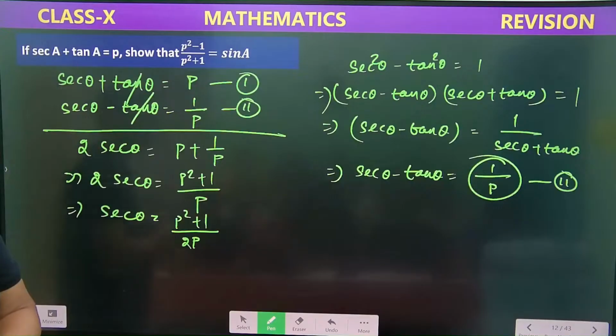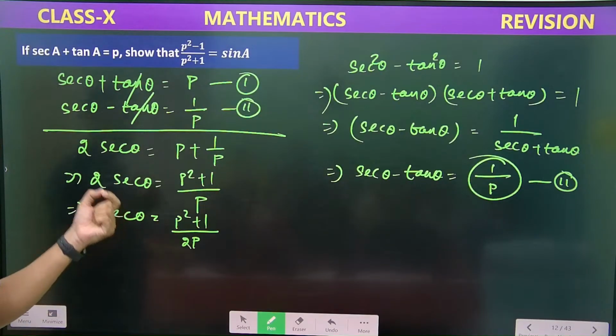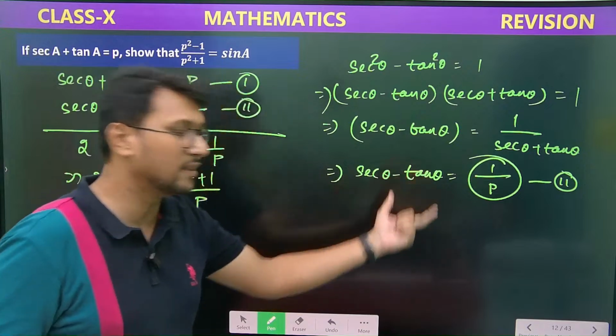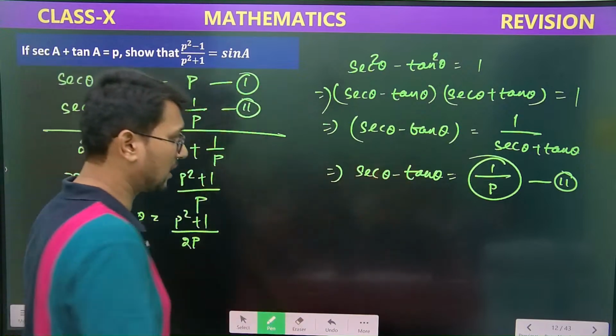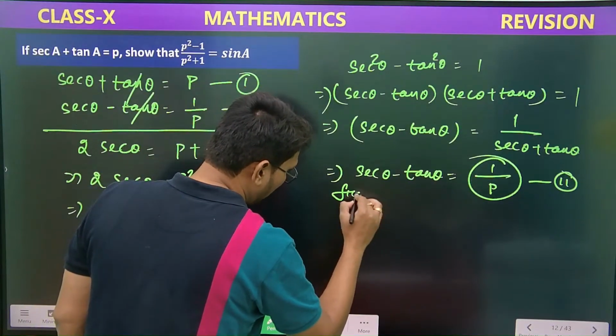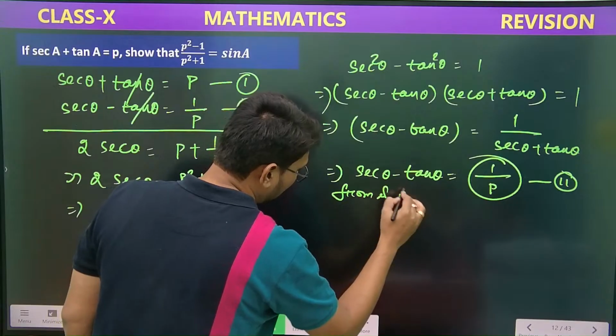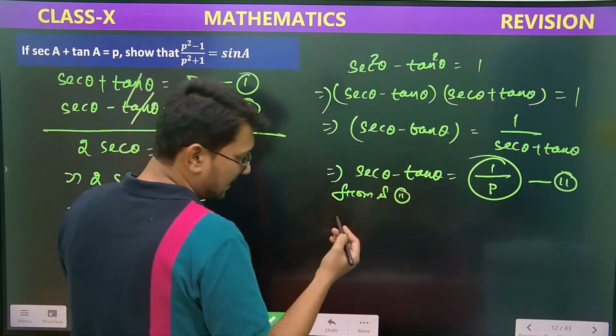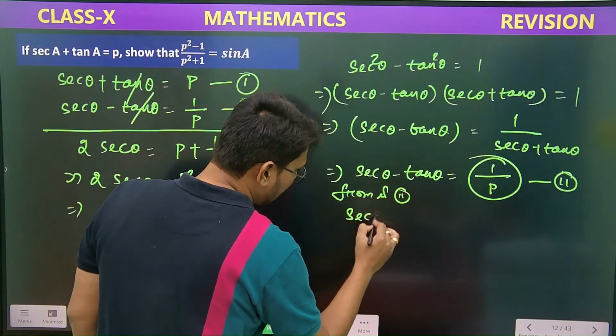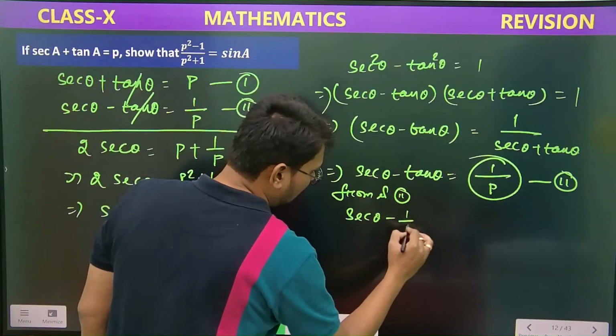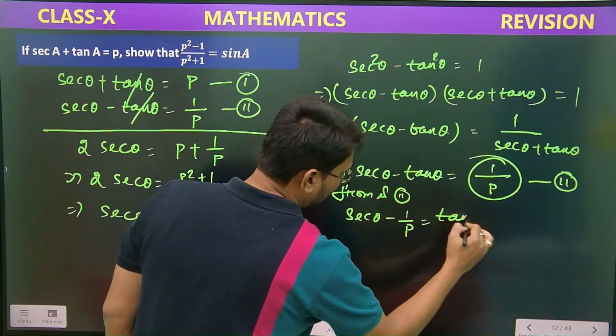Done sec theta value. Okay, let us find tan theta from equation 2. Tan theta from equation 2. Check karo. From equation 2, that is sec theta minus 1 by P equals to tan theta.